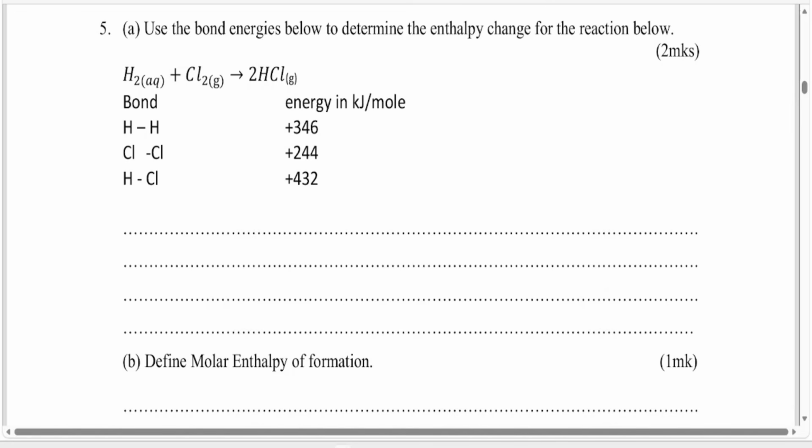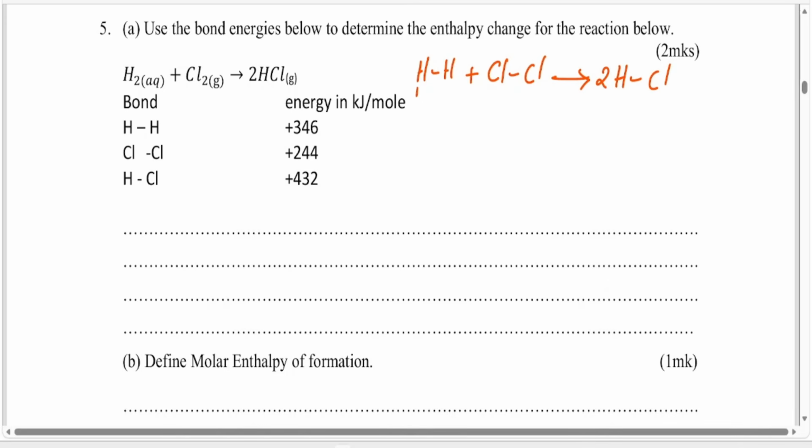We begin by rewriting this particular equation by opening the bonds. We have hydrogen bond plus chlorine bond, and we obtain two hydrogen chloride bonds.